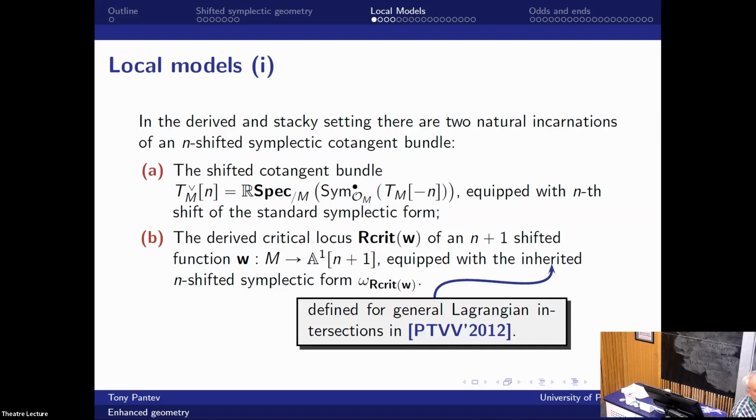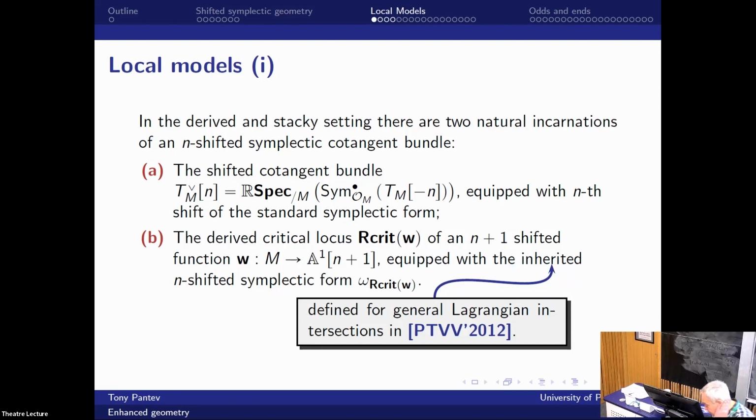So if you want to say that everything looks like a cotangent bundle, but in this shifted world, as I pointed out, there are actually two natural candidates of what a cotangent bundle can be. One is just the shifted cotangent bundle that I mentioned. Just take the cotangent bundle of a space and put the fiber in some homological degree. But the other is you can take a critical locus of an n+1 shifted function.